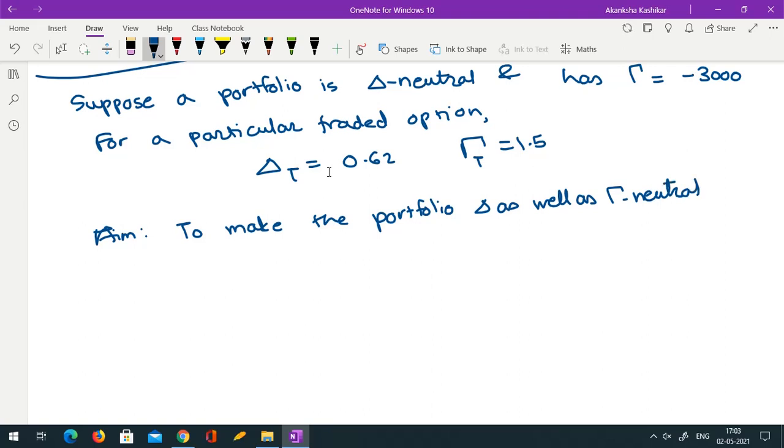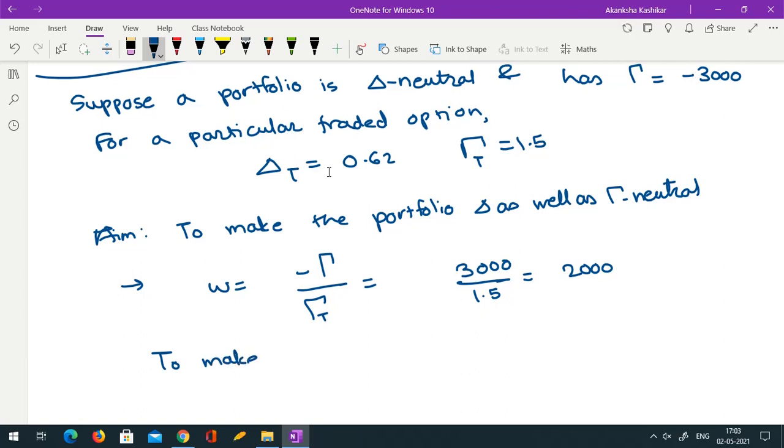So how do we do that? Again we will use the formula that we derived just now. Omega turned out to be minus gamma upon gamma T. So here it would be 3000 upon 1.5. So this is 2000. So to make the portfolio gamma neutral, buy 2000 options.